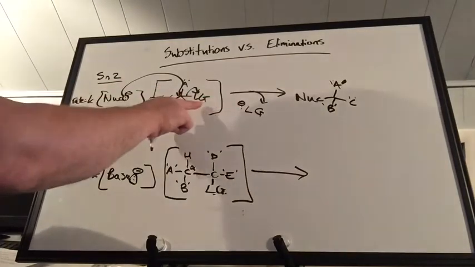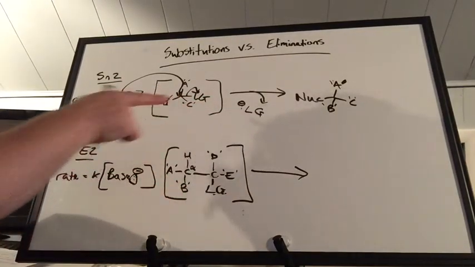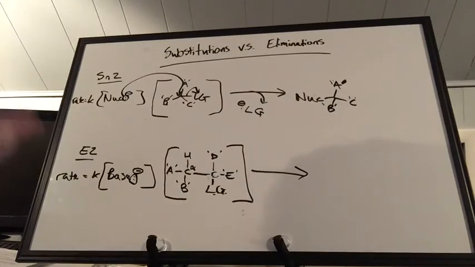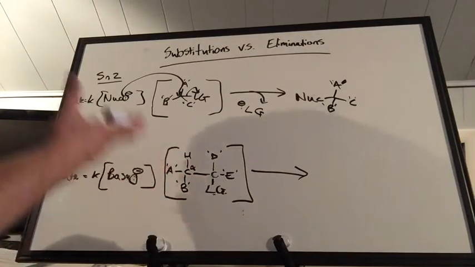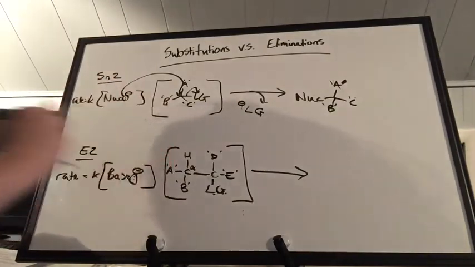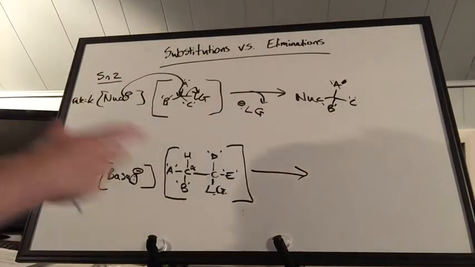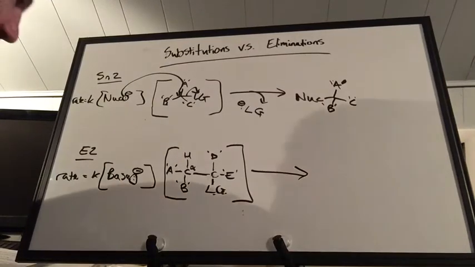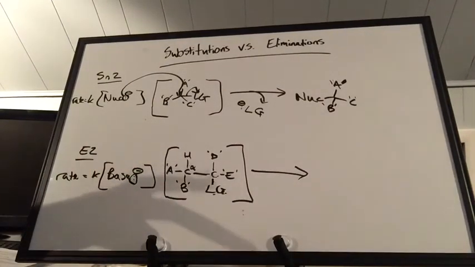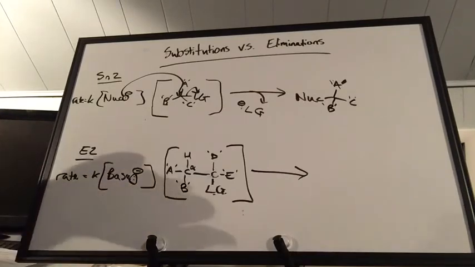So notice that both of these have a leaving group. Both mechanisms have a leaving group. So that's very important. Both are bimolecular, as you see right here. So you have two different components that are concentration dependent. Again, the brackets are going to give you the indication that the concentration's there and it's relevant.